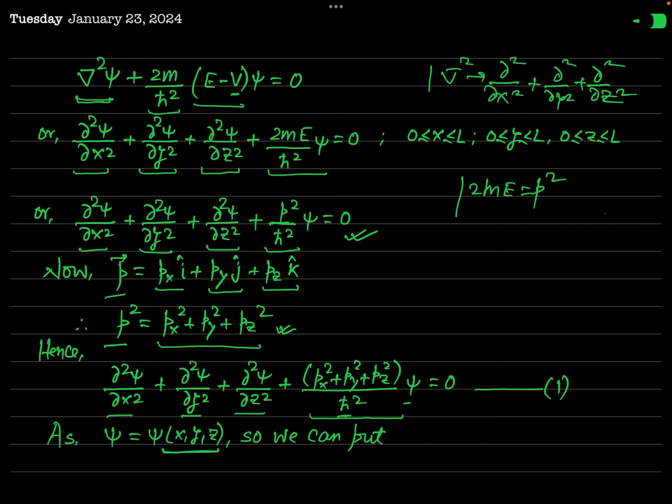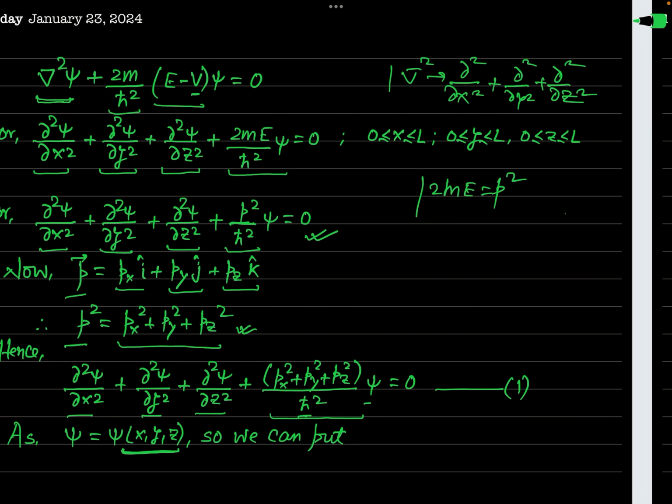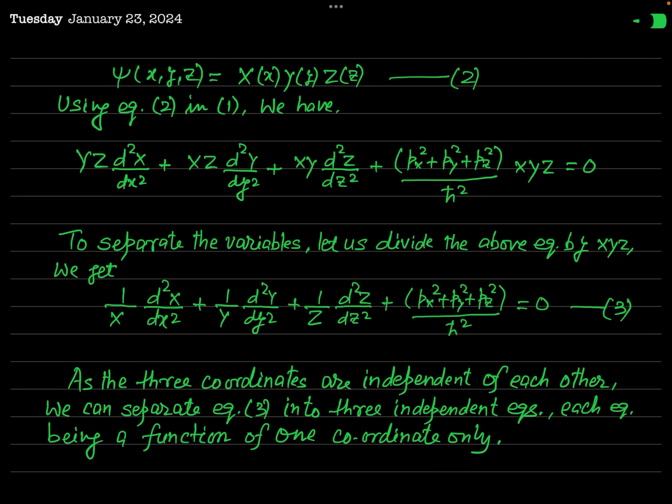Okay? And if you apply the variable separation method, then since psi is a function of 3 independent variables, we must express this function psi as a product of 3 functions which are separately functions of the variables x, y and z.